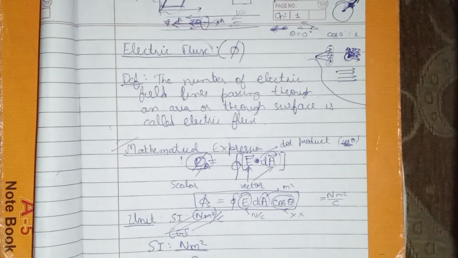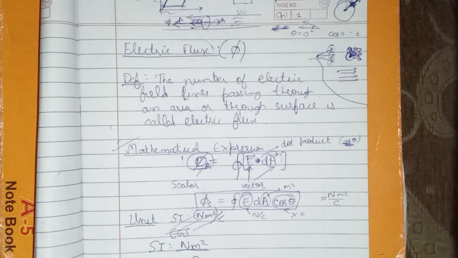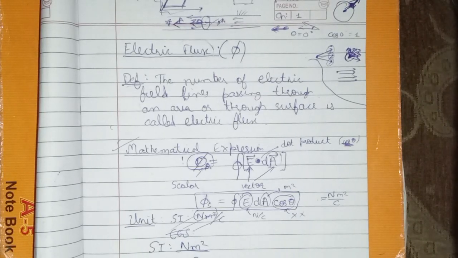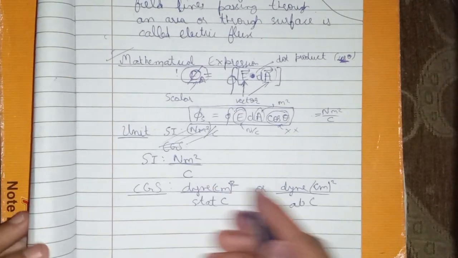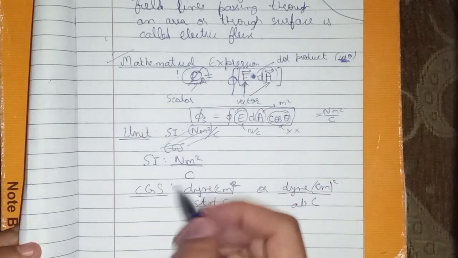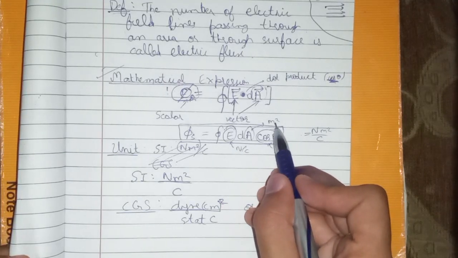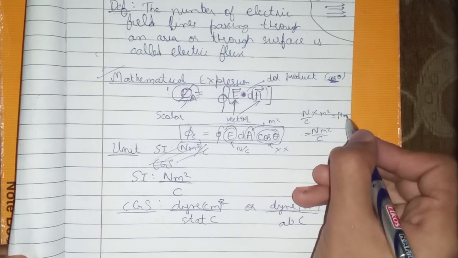And the CGS unit: just make Newton into dyne, meter square into centimeter square, and coulomb into either stat coulomb or ab coulomb. Oh, sorry, you were not able to see. You saw that we multiplied Newton per coulomb by meter square, so it's Newton meter square by coulomb.